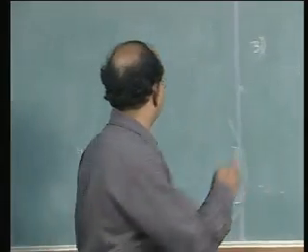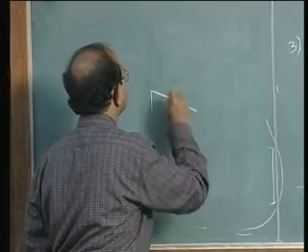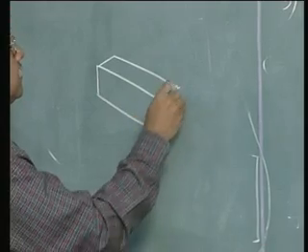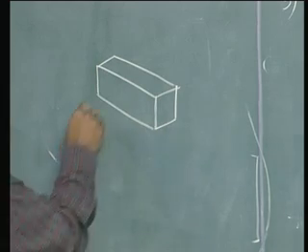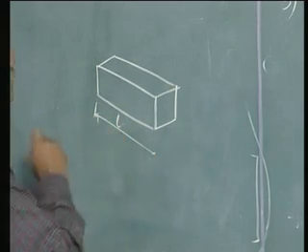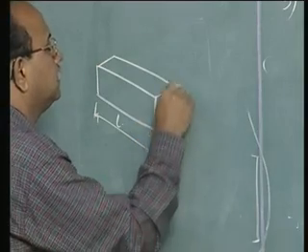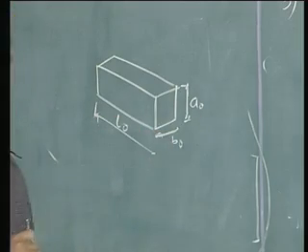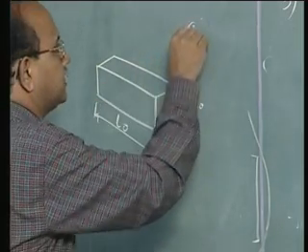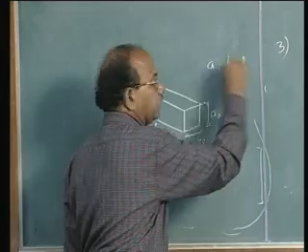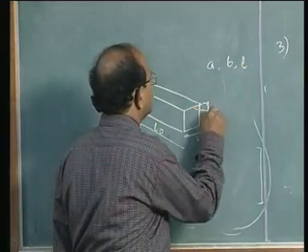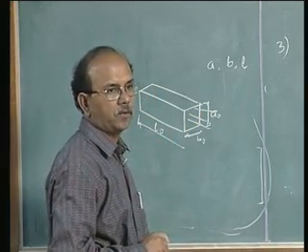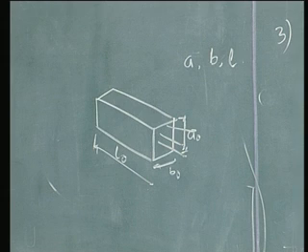So consider a bar with length L, B and A. Let us say that its original dimensions are L0, B0 and A0, and its final dimensions are given by A, B and L. Let us say that a uniaxial stress state is applied to this bar.